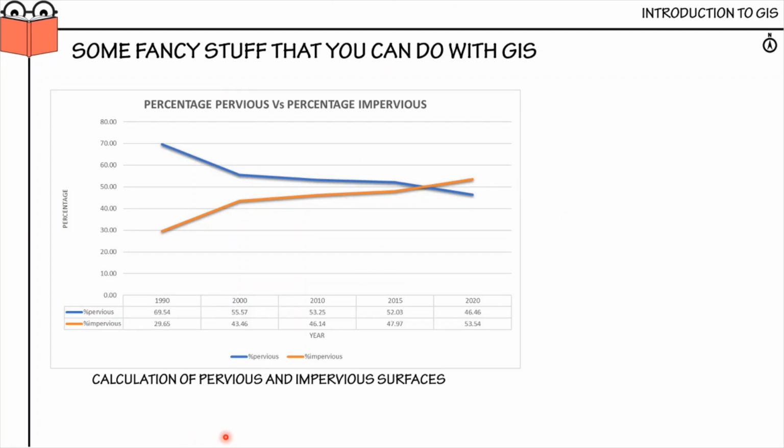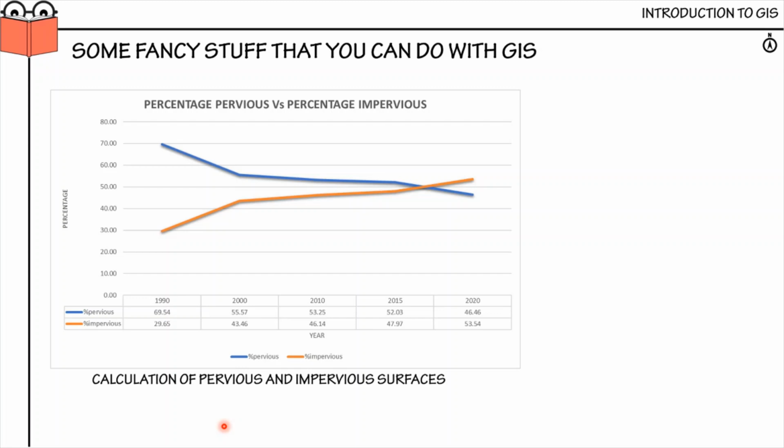It can also give you percentage pervious and impervious surfaces. So I am just giving you a handful of examples of stuff that GIS is capable of doing. It can do lots of stuff that I can't even begin to tell. So yeah, this is what we are doing in 2020.